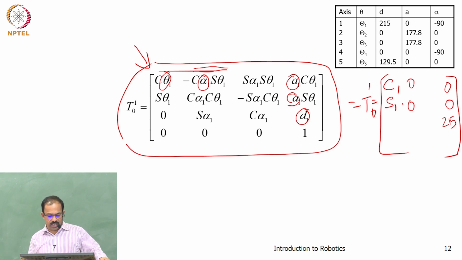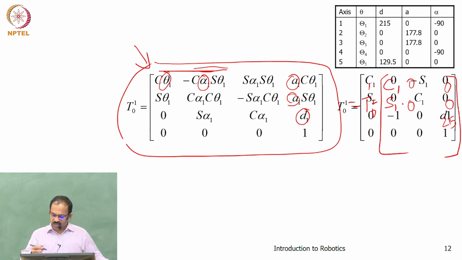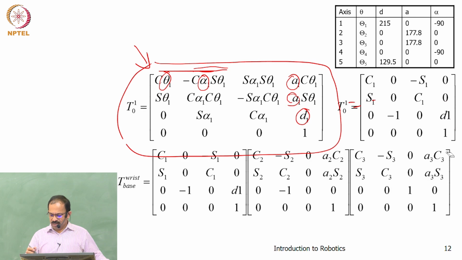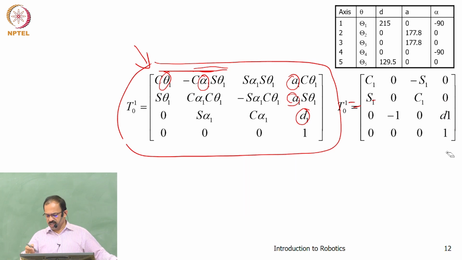So you get the matrix here with minus S1. You can substitute the numerical value of D1, or write it as D1 itself. So this will be the T10 matrix.